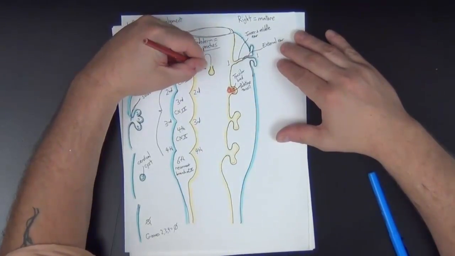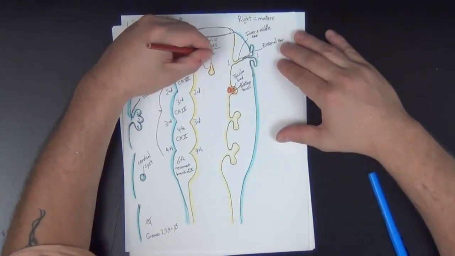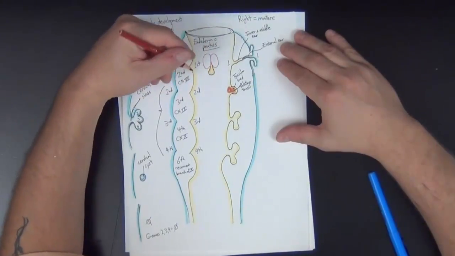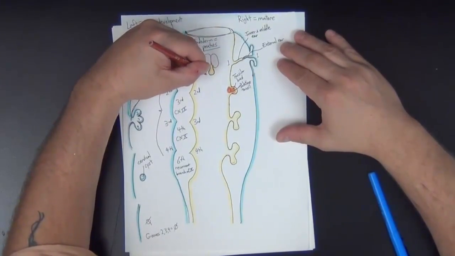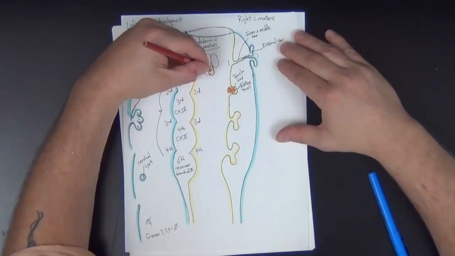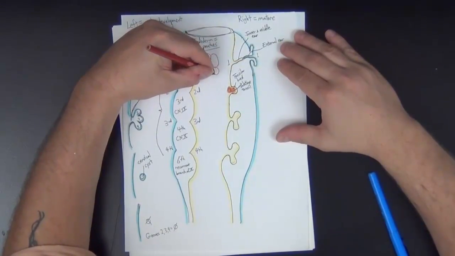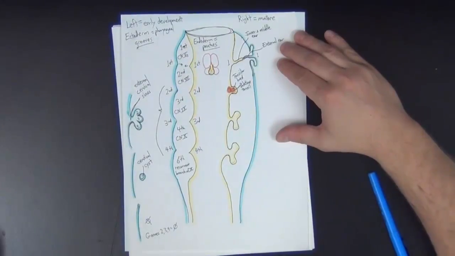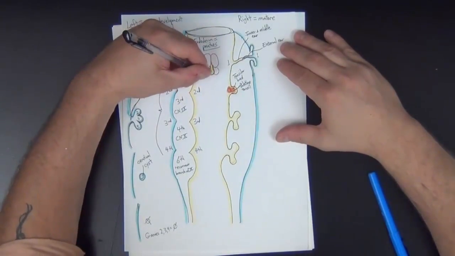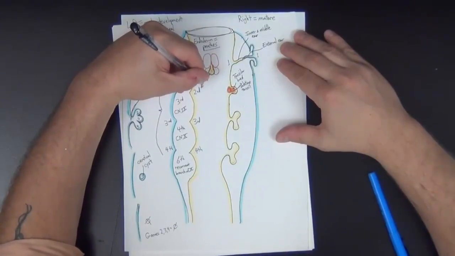So we have some tongue buds forming anterior to it, making up the anterior 2/3 of the tongue. We got a couple tongue buds forming posterior to it. But this guy is referred to as the thyroid diverticulum.